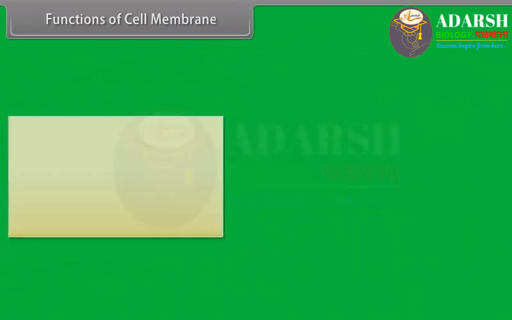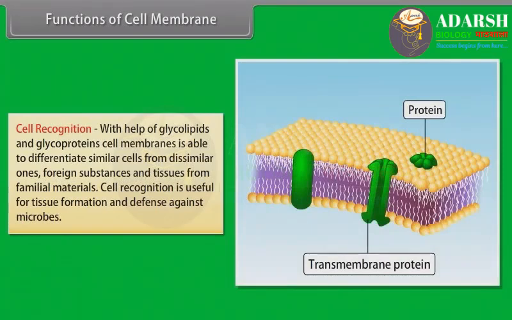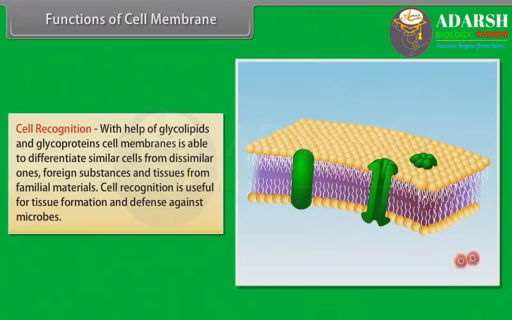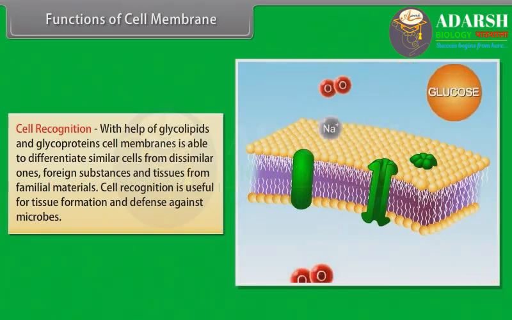Cell recognition. With the help of glycolipids and glycoproteins, cell membrane is able to differentiate similar cells from dissimilar ones, foreign substances and tissues from familial materials. Cell recognition is useful for tissue formation and defense against microbes.